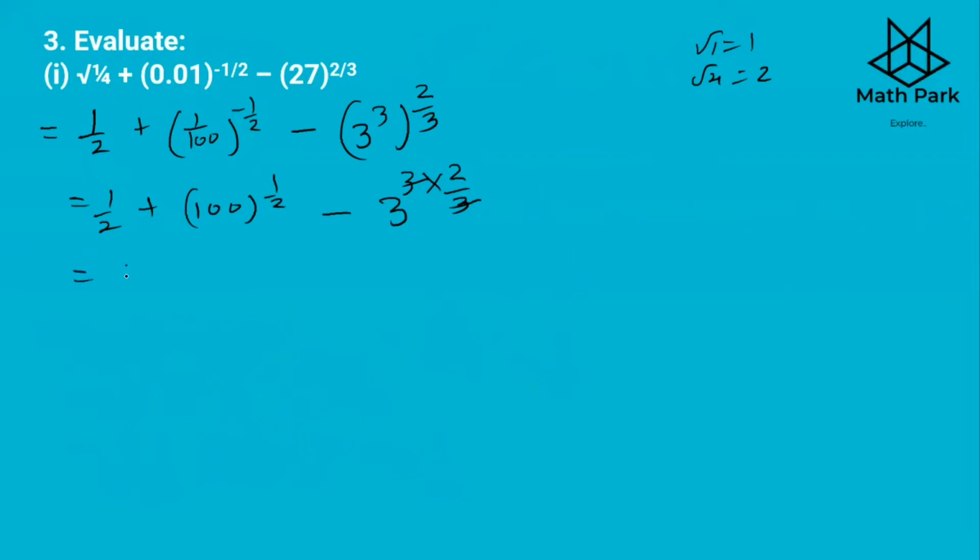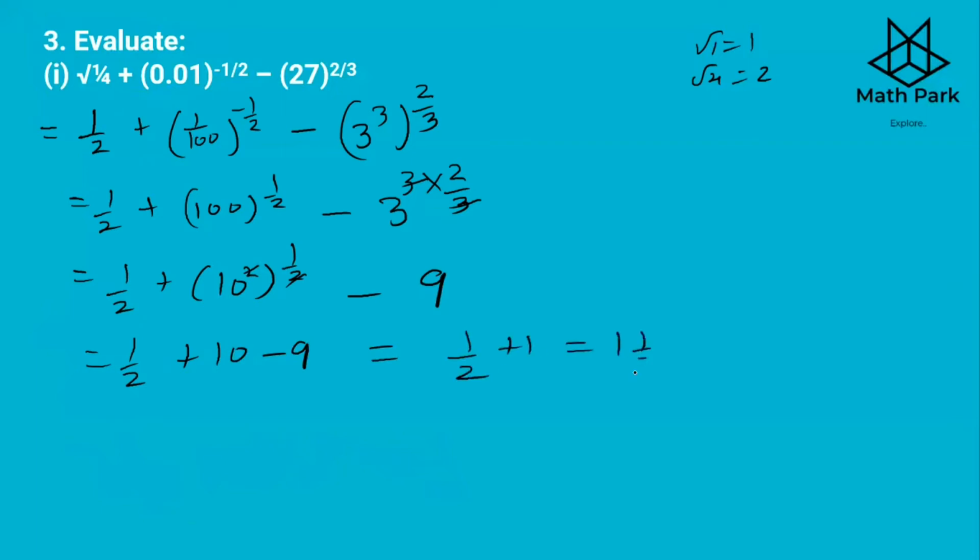Otherwise we can also write it as 100 is nothing but 10 square raised to 1 by 2. Minus 3 square, which was 9 we got. So this is 1 upon 2 plus, this 2 and 2 will get cancelled, plus 10 minus 9. So 10 minus 9 is 1. So it is 1 upon 2 plus 1, which is 1 by 2. 1 by 2 is the answer for question number 3, the first part.